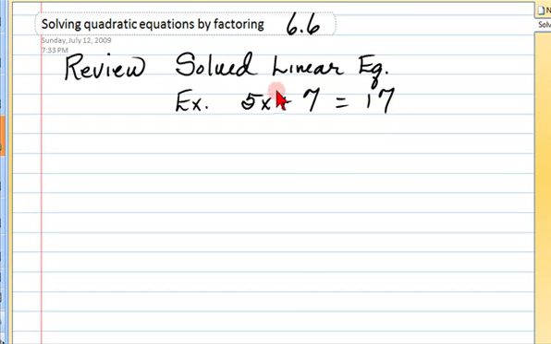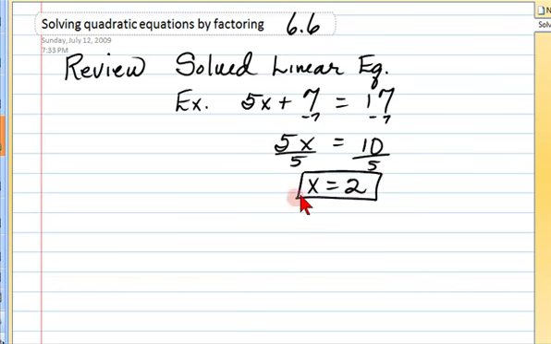The characteristic that maybe never even was pointed out to you is that the exponent on any variable x in this equation is an implied 1. And what do you do? You get the x's on one side and you get the constants on the other. So you would have subtracted 7 and you'd have 5x is equal to 10. You divide by the coefficient and you got x is 2. So most of the time when you had a linear equation, you had a way to solve it and you got one answer.